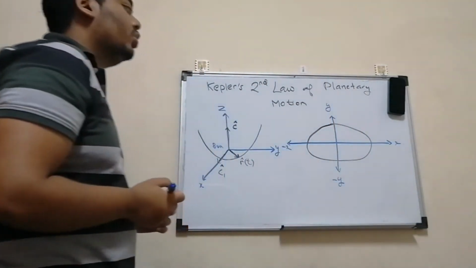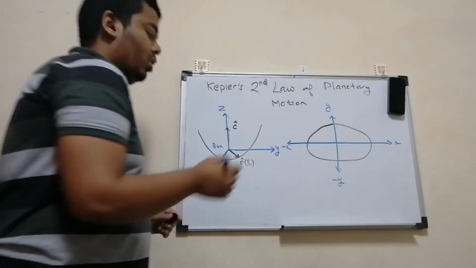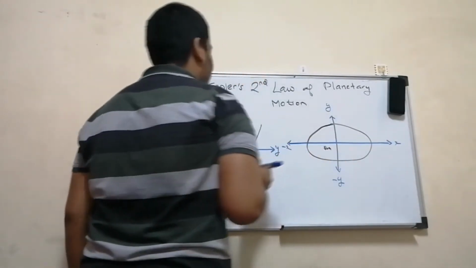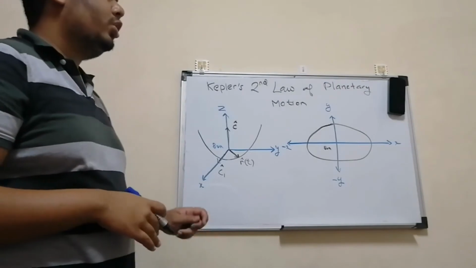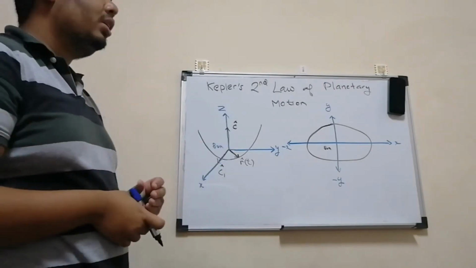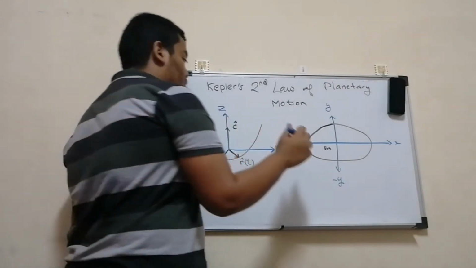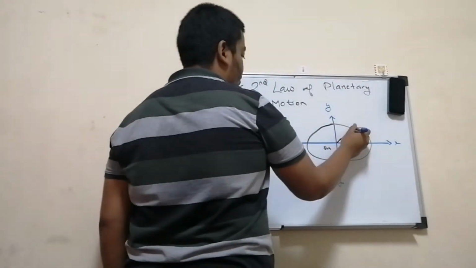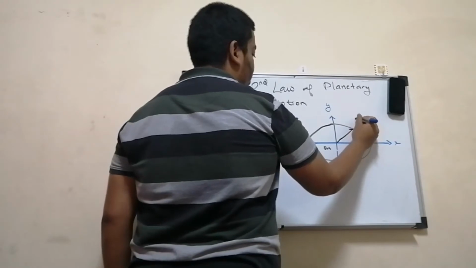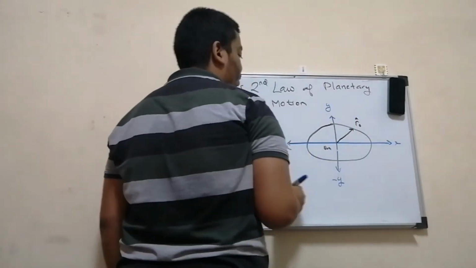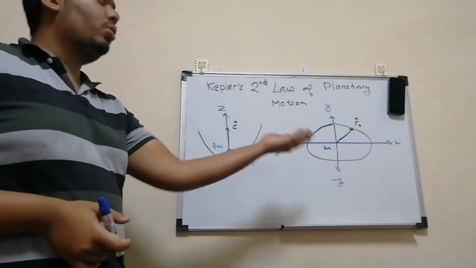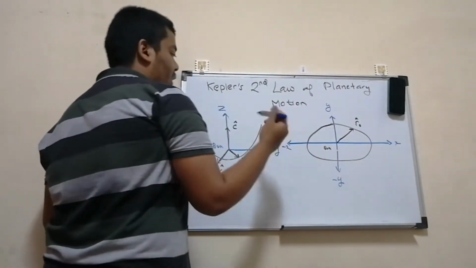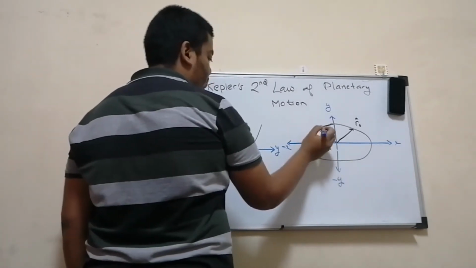Okay, so now, what does the second law say? This is the position of the sun. The second law says that the rate of change of the area swept by the planet is constant. Let me just diagrammatically illustrate this to you. For example, the initial position of the planet was here, which is known as R0. Then the planet, during the course of time, for example the Earth, in the morning was somewhere here, and in the evening it went somewhere here.